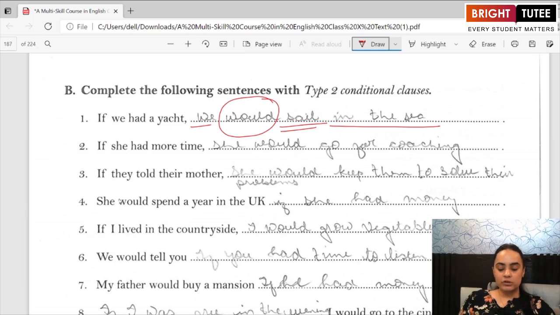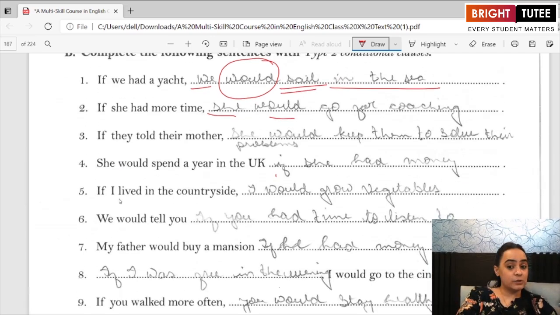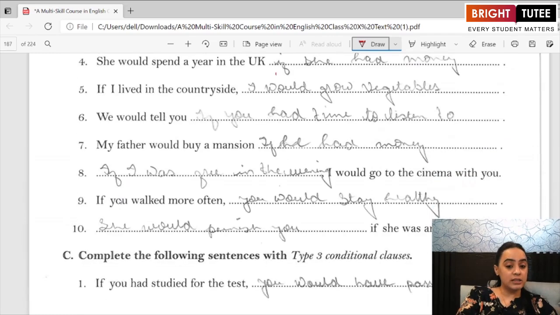If she had more time, she would go for coaching. If they told their mother, she would help them to solve their problems. She would spend a year in the UK if she had money. So it is the structure of the sentences that matters. So you have to learn their structures.